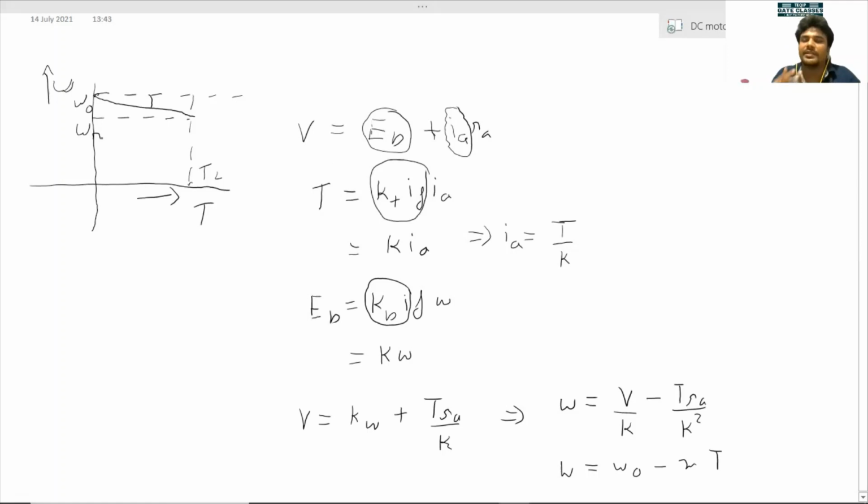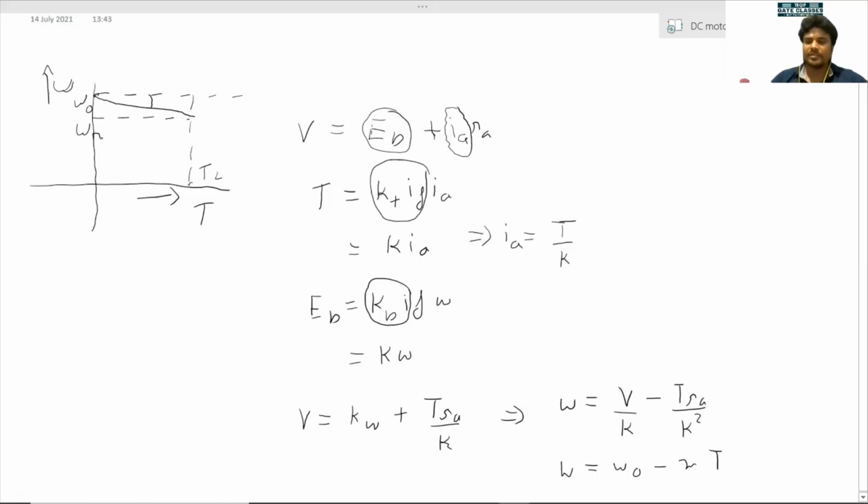Excitation has been provided by an external source, the field winding. We are not talking beyond that. There are some machines whose field winding is connected to the same voltage source, but that is a section that should be covered by electrical machines, especially for electrical students in their second semester.